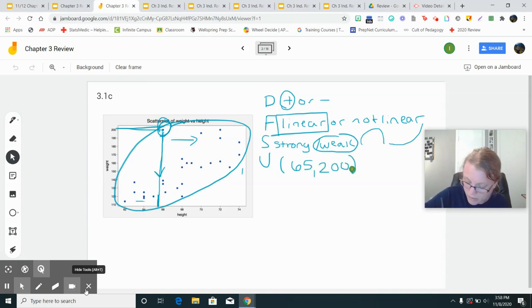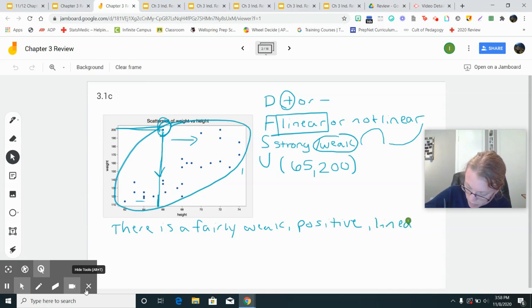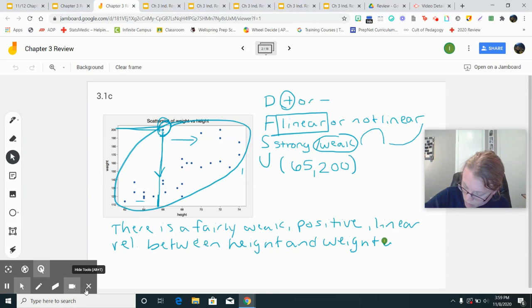So if we wanted to write this in one sentence, we would say there is a fairly weak positive linear relationship between height, so this is my context, and weight, with one potential outlier at 65 and 200.